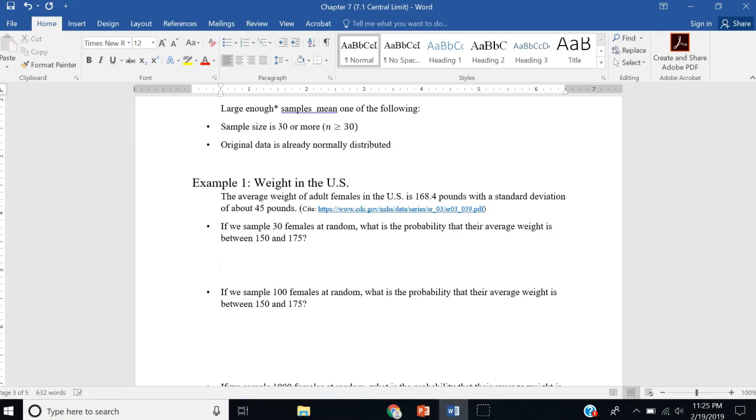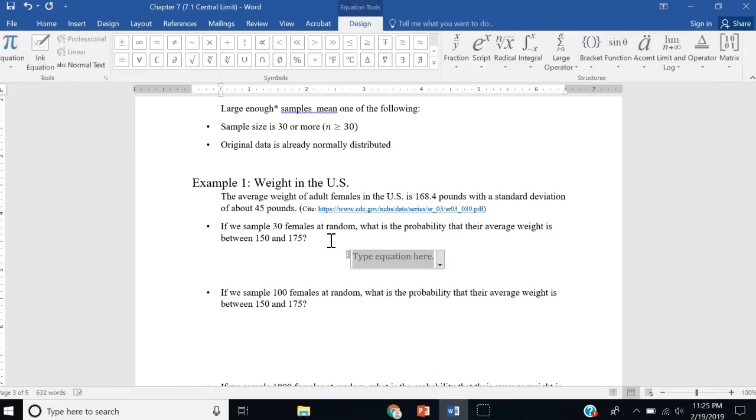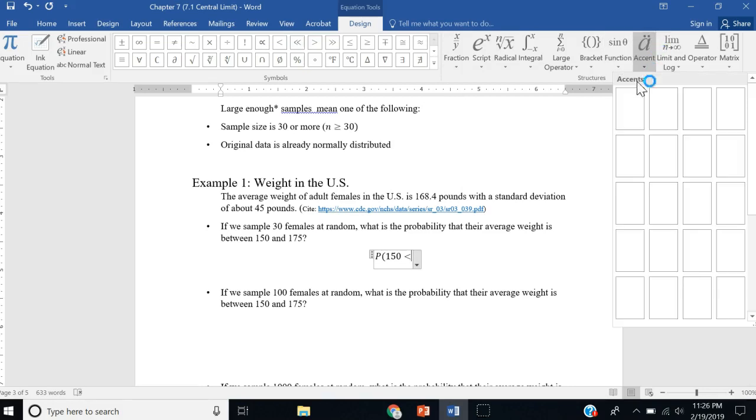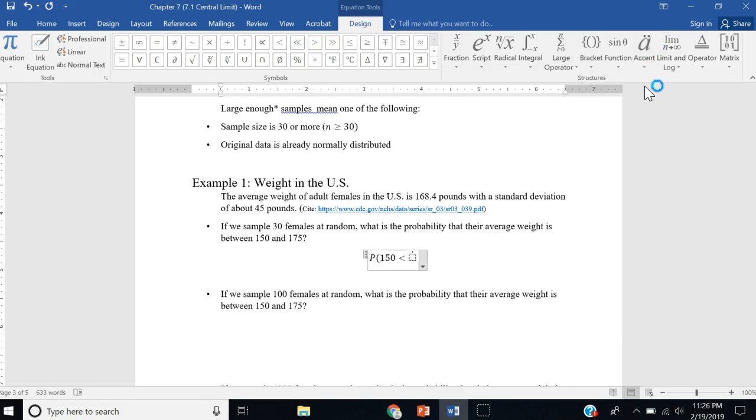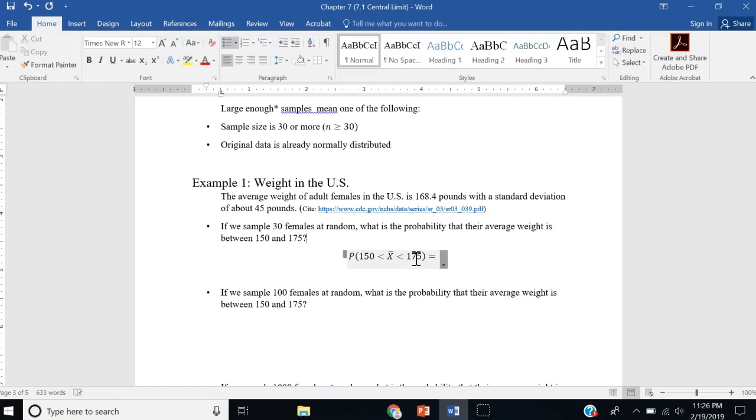And we say, well, what are we asking? We're asking, what is the probability that a sample average, so I'm going to call that X bar, comes out between 150 and 175? Okay, that's what we're trying to figure out.